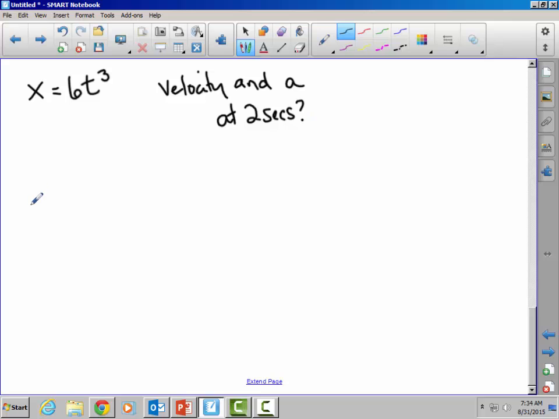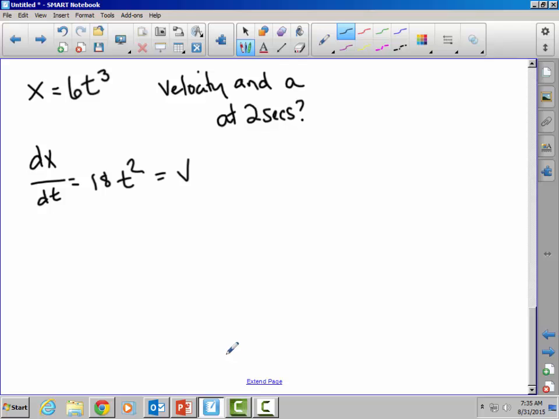Well, this gives us our position as a function, so that should be a big red flag to you that I need to find a second function that describes my velocity. So I'm going to take the derivative of x with respect to t. I'm going to use my power rule. 3 minus 1 is 2, and then I'm going to multiply 6 by 3. That's 18. So this is our formula for our velocity.